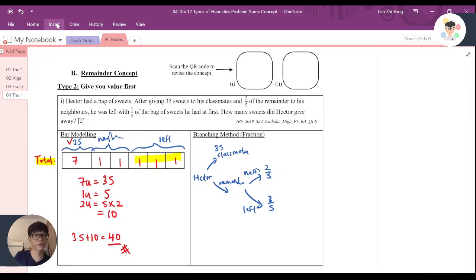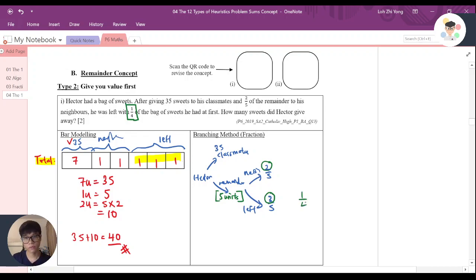From here you can notice one thing. This is what we call the remainder, right? And the remainder we have 5 units. You might be questioning, what do you mean by 5 units? It means that out of 5 units, I give 2 units to the neighbor, and 3 units are leftover. And as you know, here it mentions he was left with 1/4 of the bag of sweets.